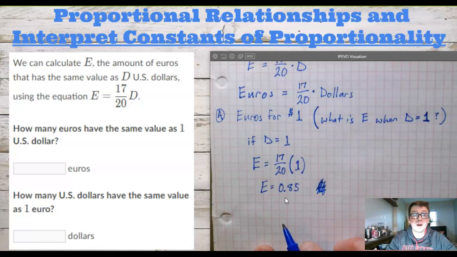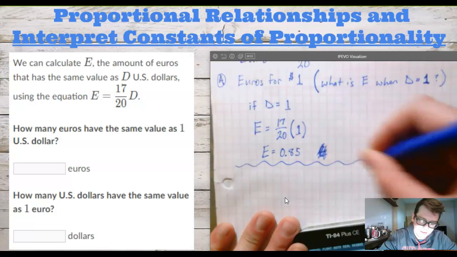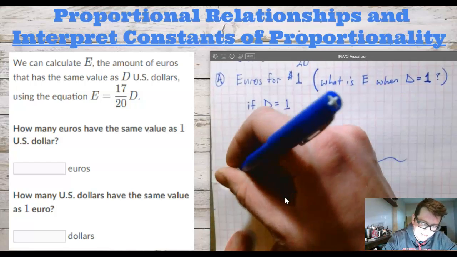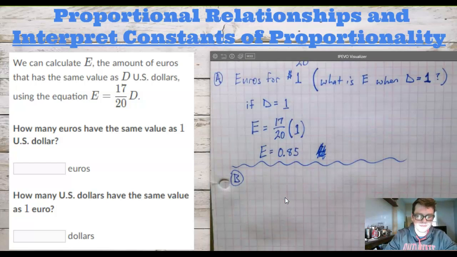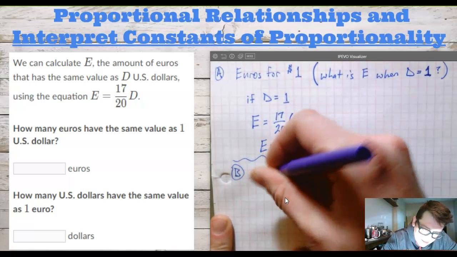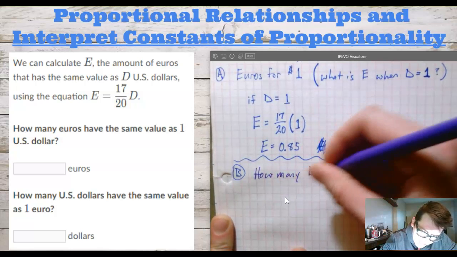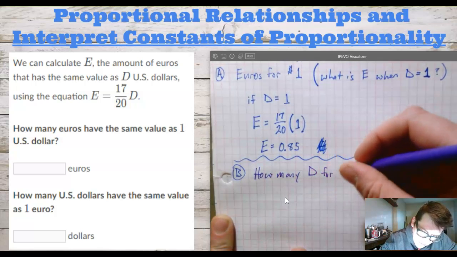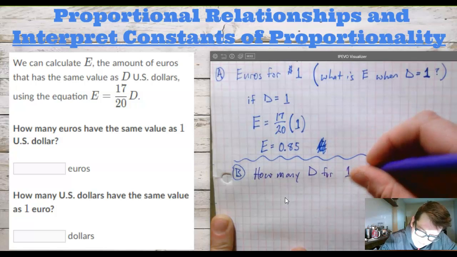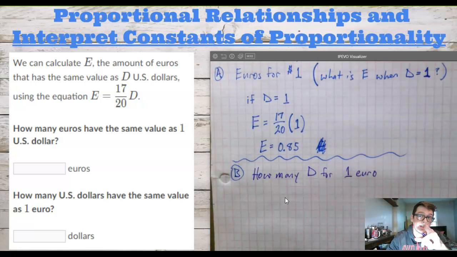But guys, part B flips the question around. So I'm going to draw a little squiggly line. Part B, actually I'm going to change colors. B says, how many dollars for €1? Right? Read the problem up there. How many US dollars have the same value as €1?